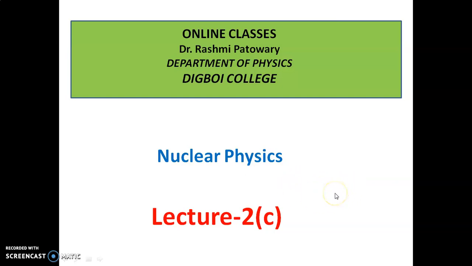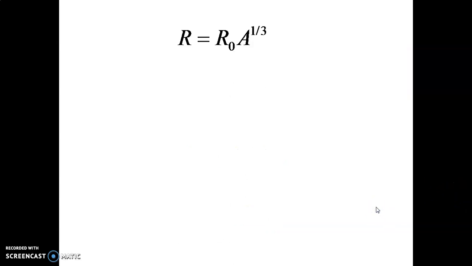We had learned a few basic things about the nucleus, and let's see what we saw. We saw that the radius of a nucleus can be expressed like this: r0 A to the power 1 by 3, where A is the mass number and r0 is a constant.